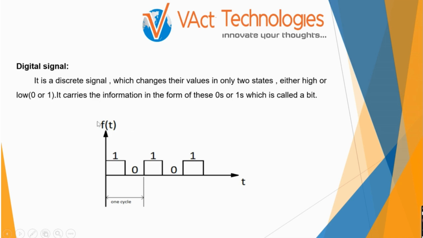The zeros and ones are known as bits. One high state and one low state together are called one cycle. The frequency of the digital signal is inversely proportional to the time taken to complete one cycle of that signal.